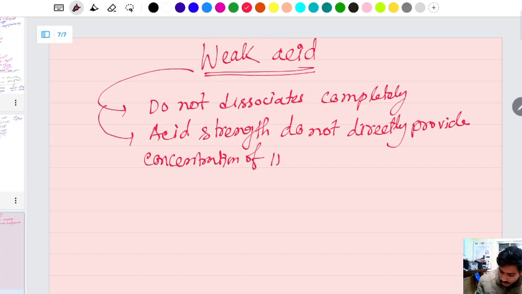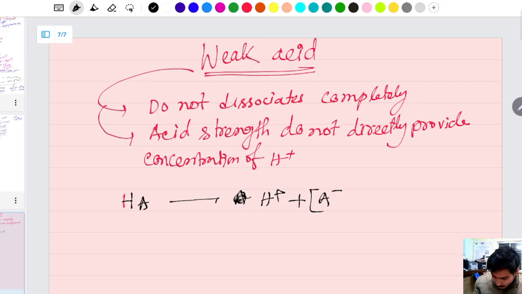of H plus. So that means if you take HA, that gives H plus plus A minus, but the percentage of dissociation changes. Which percentage of the dissociation, that is very critical.